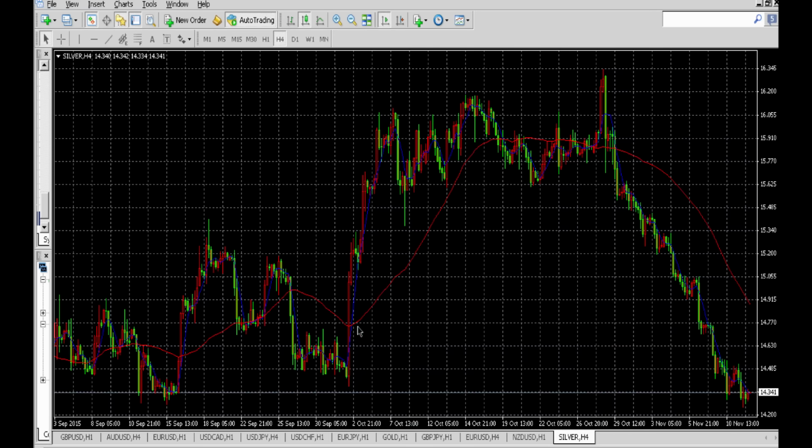And right here, another one, boom. Look at how fierce this uptrend is. As long as the blue line, or the fast line, is above the slower line, the rule is to only go in on a long position. You do not ever want to go into a short position when the fast line is above the slower line.